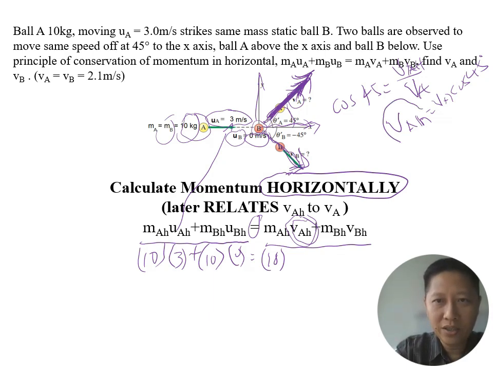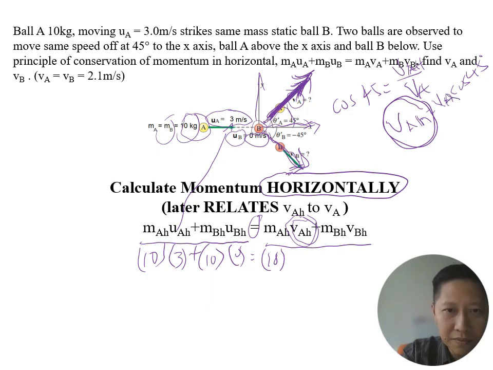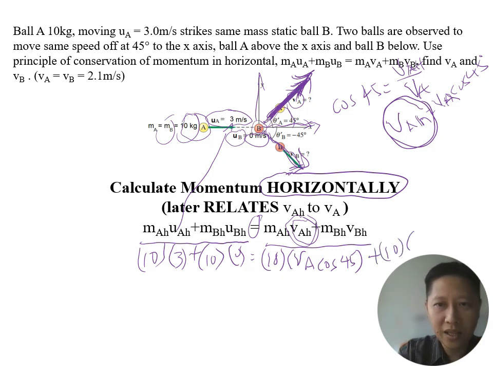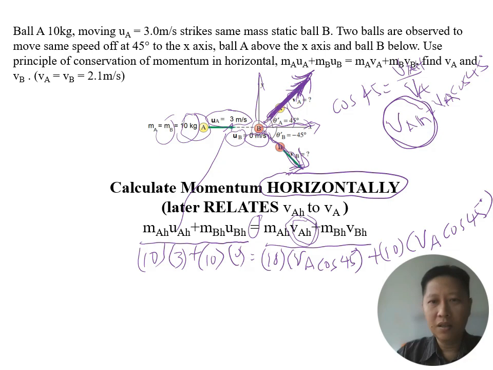So VAH has another name, it is VA cos 45, plus ball B, the weight is still the same. To reduce complexity, let's look at the equation here.